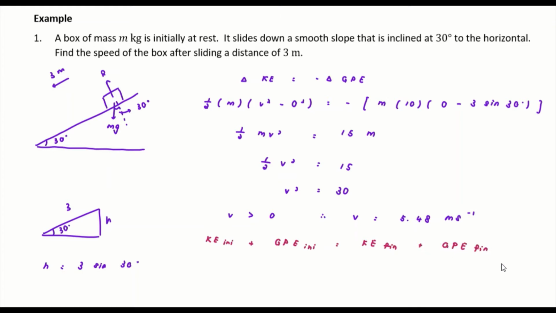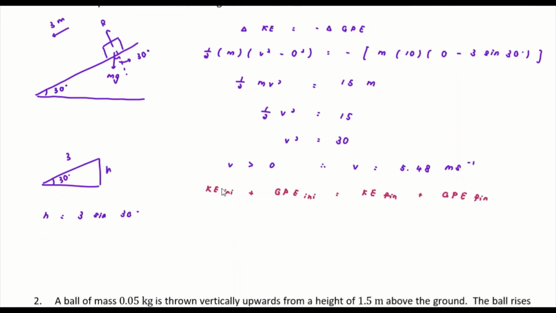Okay, so in this case, the kinetic energy initial, since the v is 0, it's 0, right? So the initial gravitational potential energy is the mass times g, and then times the height, which is 3 sine 30. Okay, then the final kinetic energy is half m v squared, which is what we want to find. So the GPE final is on the ground, so that's 0.